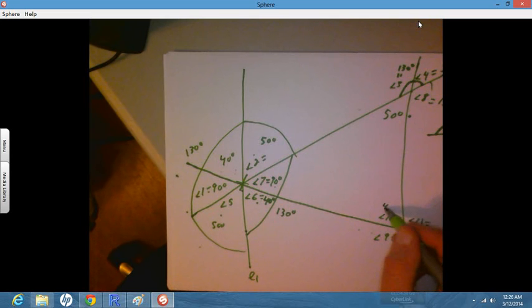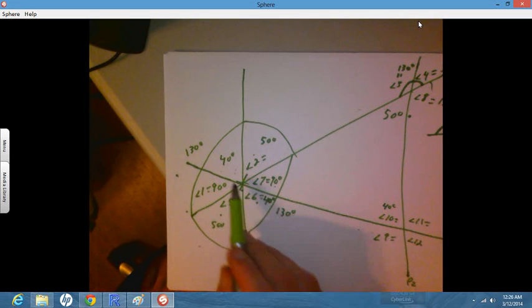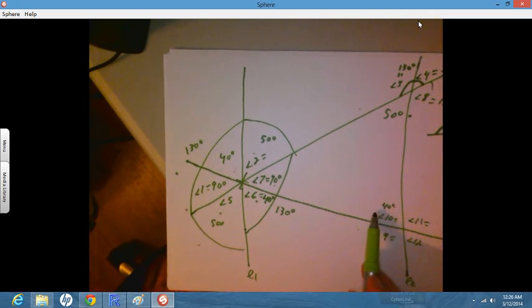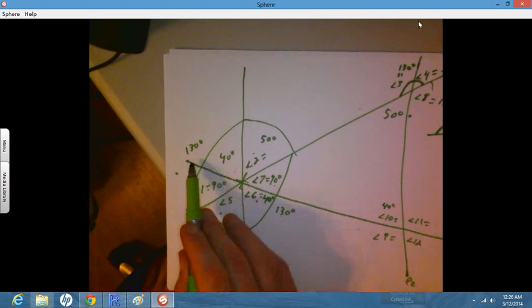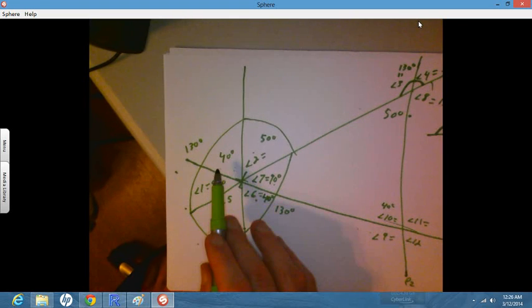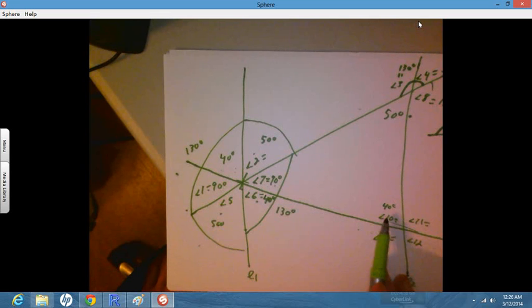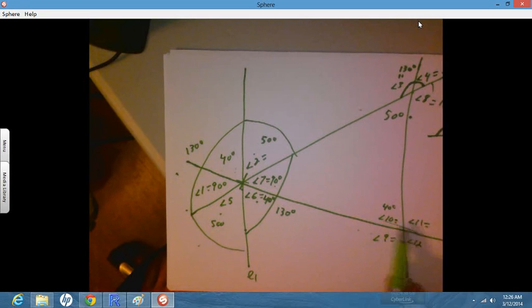But you also could say, well, this is 40 and this is 40 because these two lines are parallel, and this angle is a copy of this angle. We can do this one two ways. There's 180 degrees in a straight line, that's any semicircle.